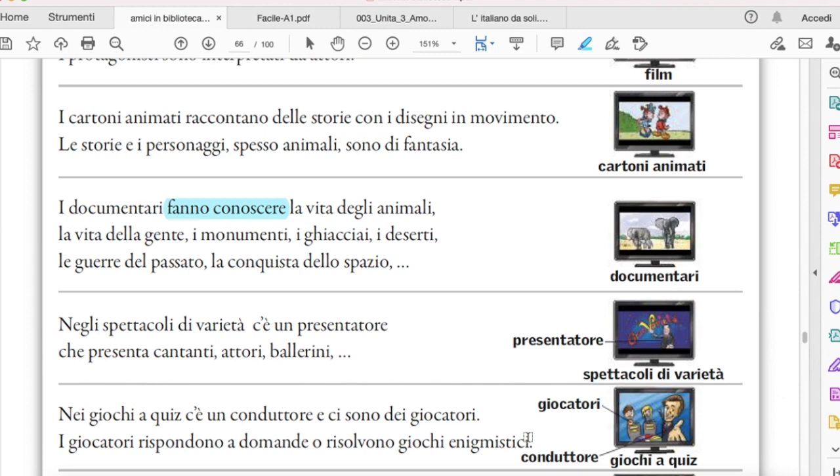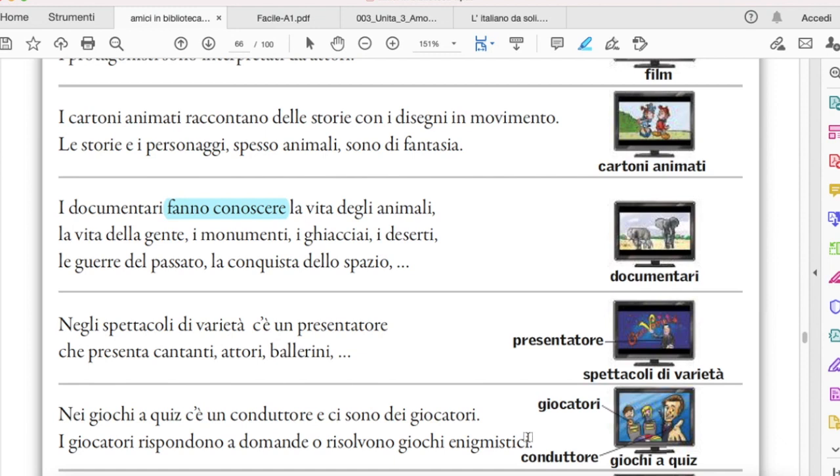Negli spettacoli di varietà c'è un presentatore, presenter, che presenta, that introduces, cantanti, attori, ballerini, singers, actors, dancers. Nei giochi a quiz, games, c'è un conduttore, which is a synonym for presentatore, e ci sono dei giocatori, players.